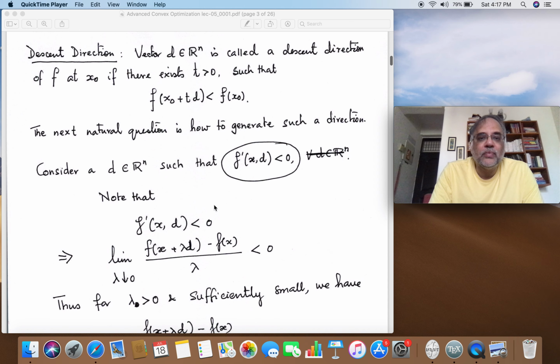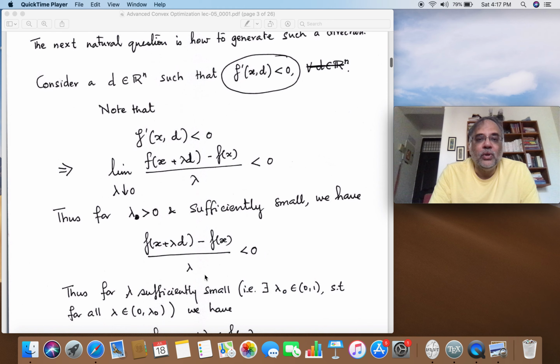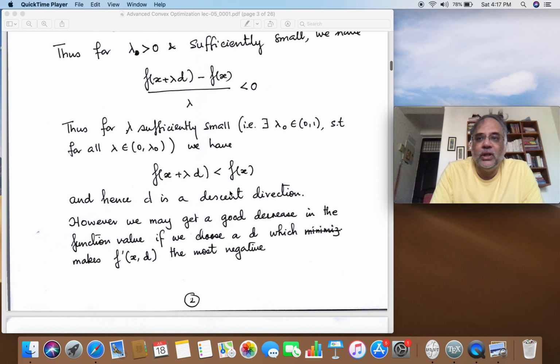Just by the definition of the directional derivative and then taking the definition of the limit, we can immediately show that we can get lambda sufficiently near 0 such that the function value at x plus lambda d, that is moving from x along the direction d scaled by a very small quantity lambda, actually decreases.